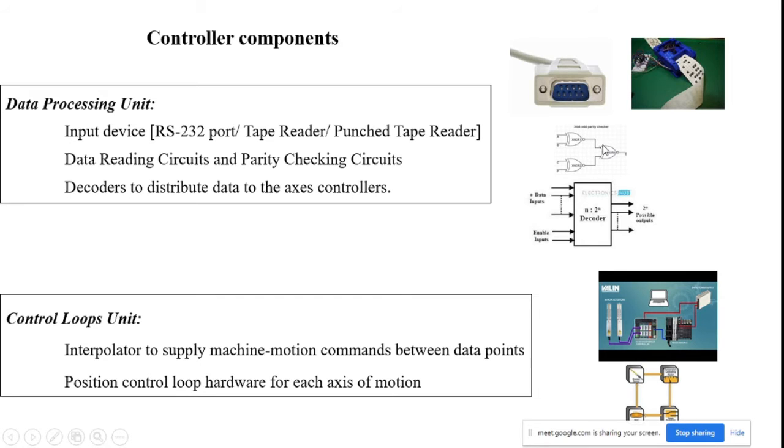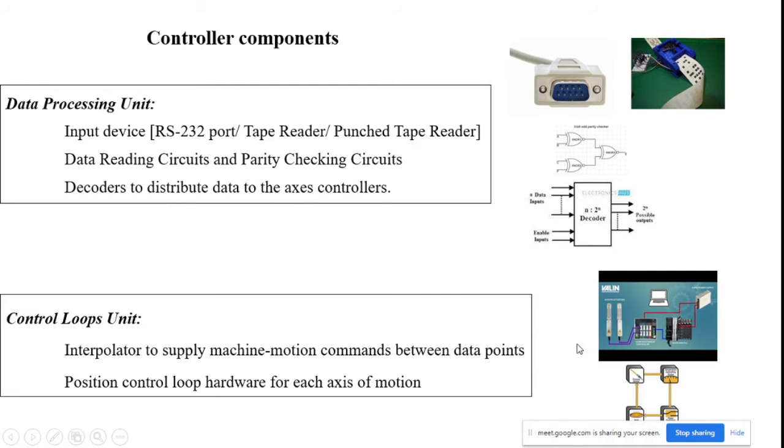The tape reader reads the data. This circuit is called the data reading circuit. After data reading, the decoders are used to distribute the data from the input to the access controllers available with that machine.